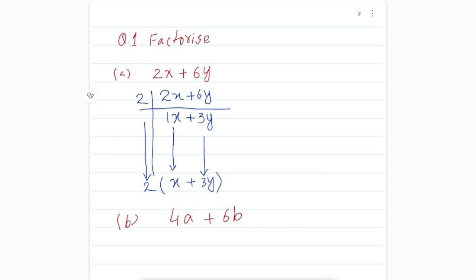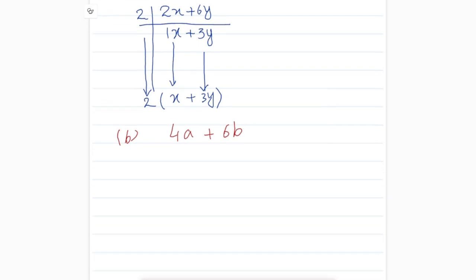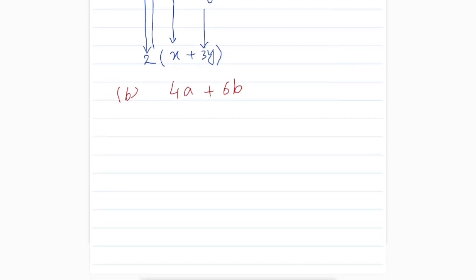So this is the factorization of 2x plus 6y, which is in the form of 2 bracket x plus 3y bracket close. Similarly, we'll be doing the same method for 4a plus 6b. Now, the same is here, 4a plus 6b, and we'll be looking for the number which is dividing both 4 and 6. Yes, you're right, 2 is there.